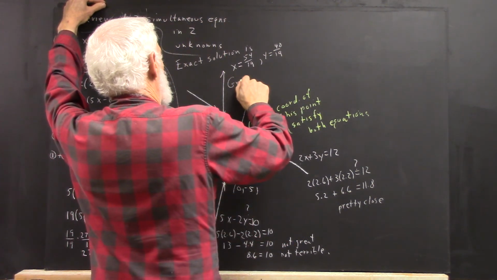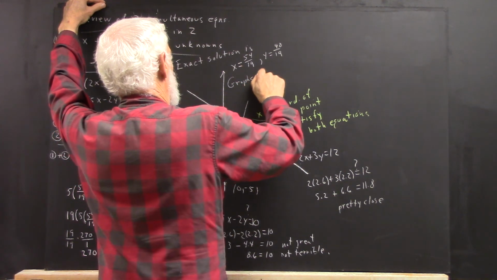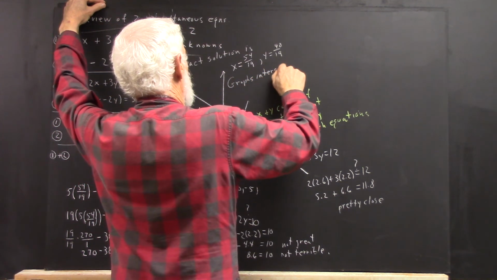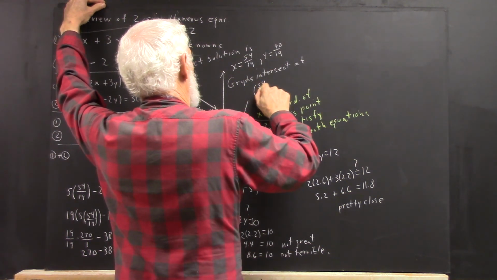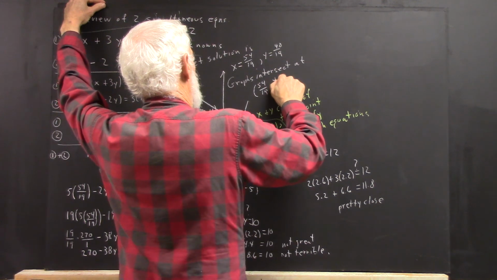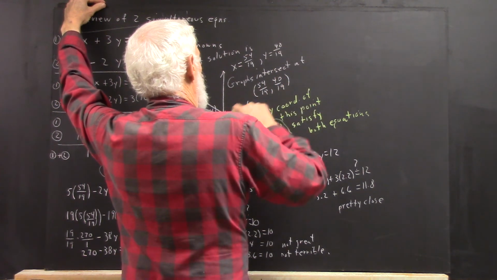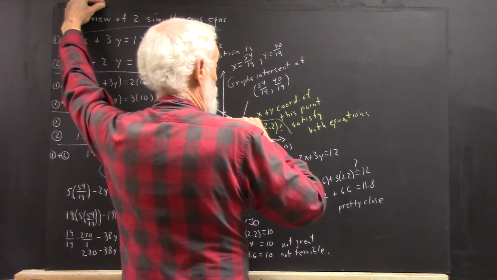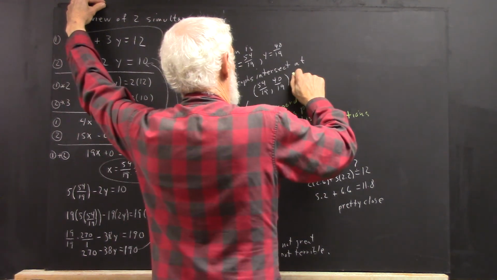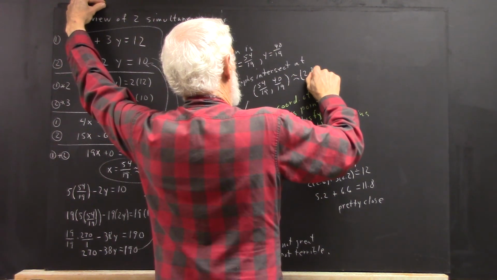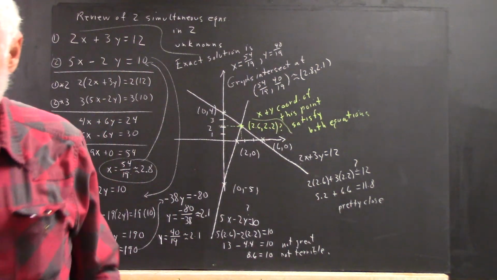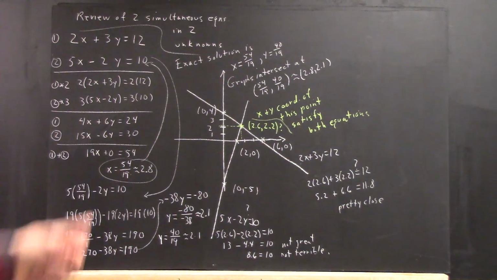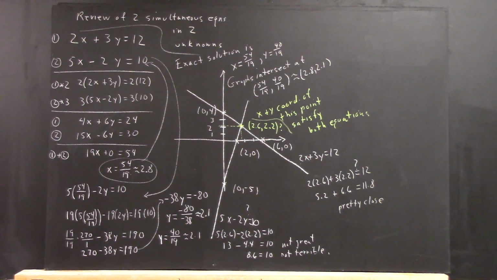The graphs intersect at the point (54 over 19, 40 over 19), which is approximately equal to (2.8, 2.1). Now that's a procedure that I want you to imitate in detail for the homework.